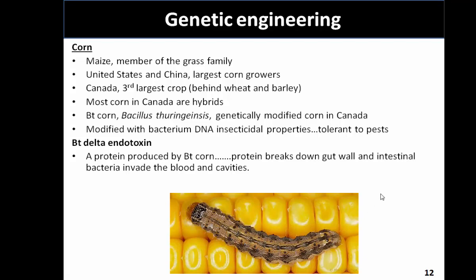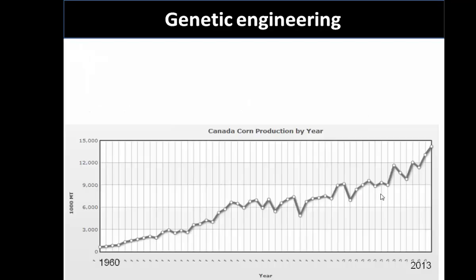The protein breaks down the gut wall, and bacteria then invade and other infections destroy the pests that could destroy an entire crop.